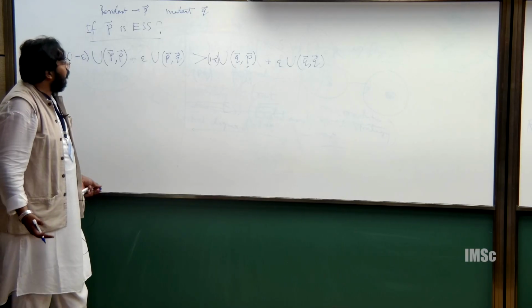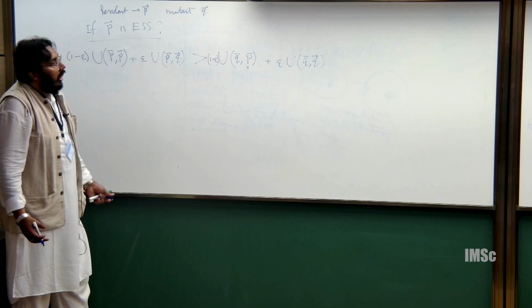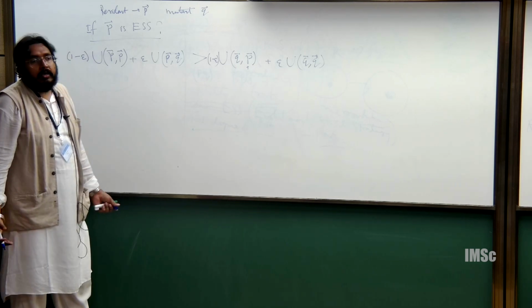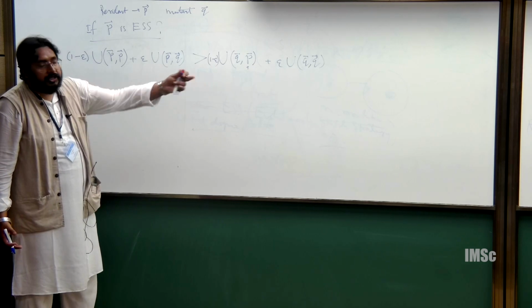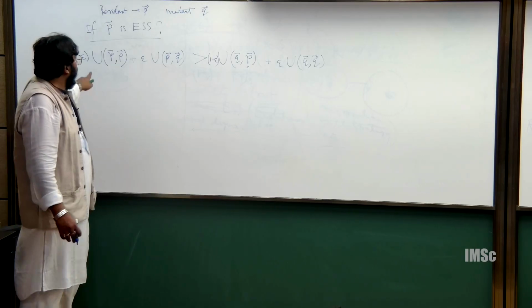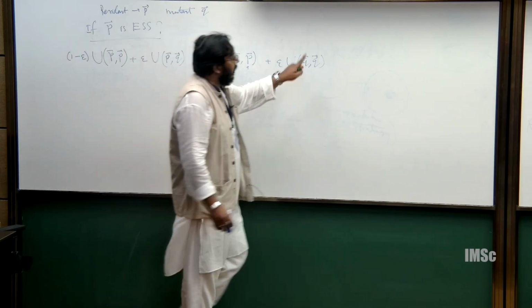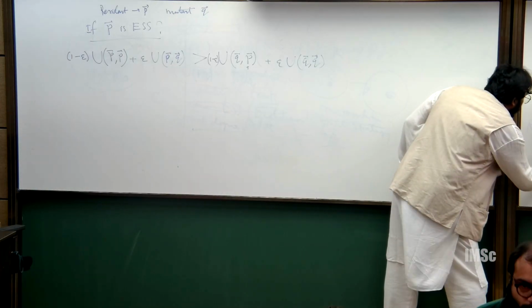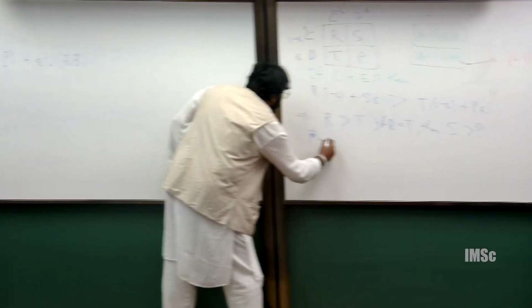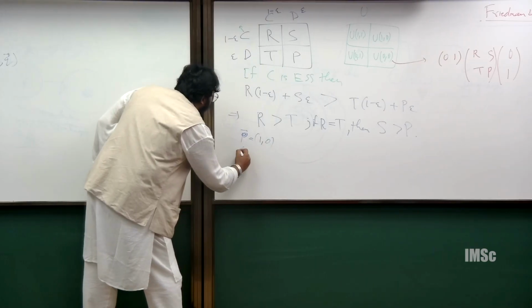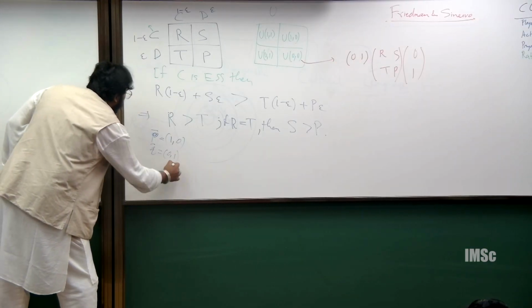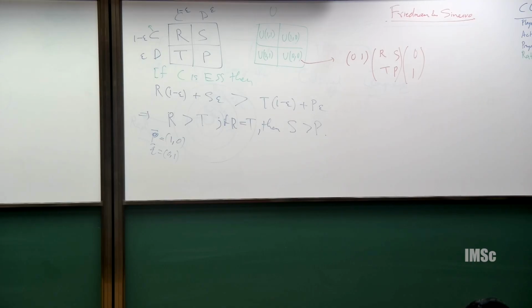When you have P and Q as 1 0 and 0 1, you get that expression where U 1 1 is R. So this is the special case of this, where P is 1 0 and Q is 0 1, right? So if you put it in here, you get that back.